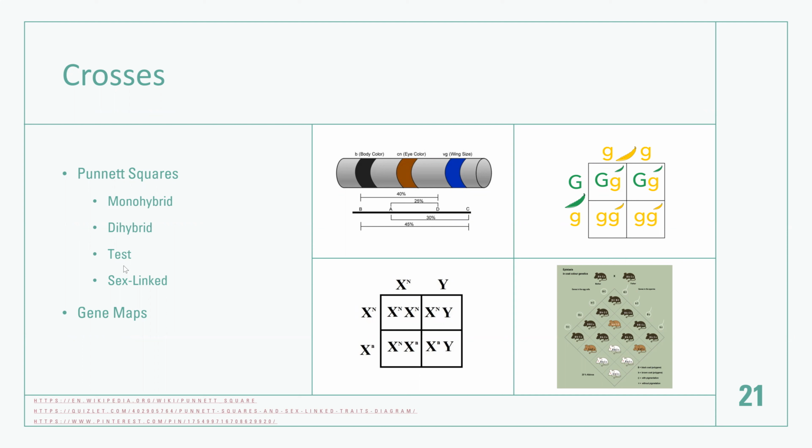Finally, we have sex-linked alleles. What's really important here is that you understand that the male will not have an X-linked gene to pass on to a son. And that's where we get the concept of hemizygous. So these 2 progeny here on the right that are males will only have 1 copy of the X chromosome.